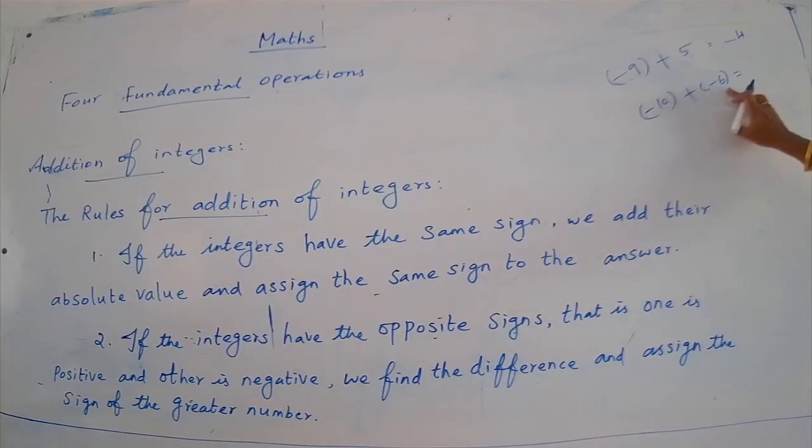So 10 plus 6 equal to 16, and you put the same sign to the answer. Here minus, so that's why your answer is minus 16. Second one is, if the integers have opposite signs, one is positive, one is negative, you find the difference and put the greater number's sign.